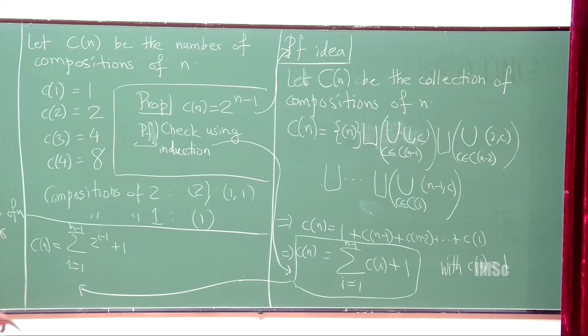You know the geometric series, right? I'm assuming everybody knows the geometric sum. What is 1 plus 2 plus up to 2 to the power n? That's a geometric series. What is the sum? 2 minus 1 is 1.